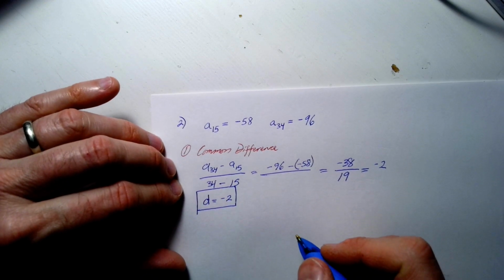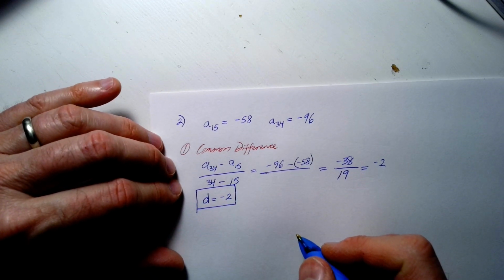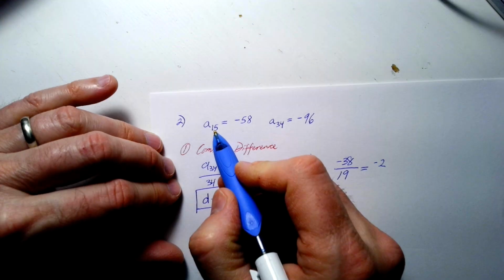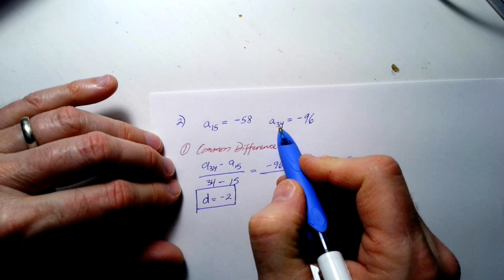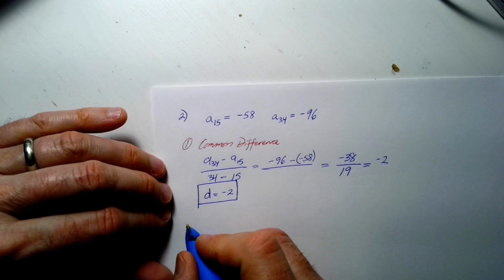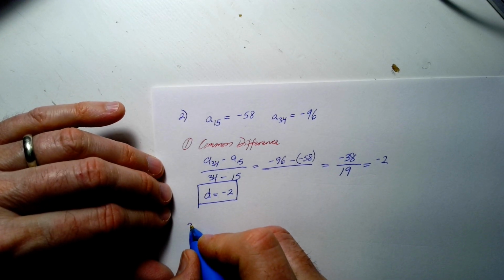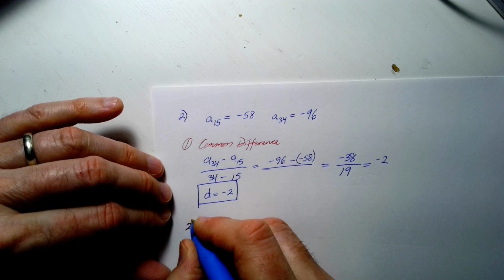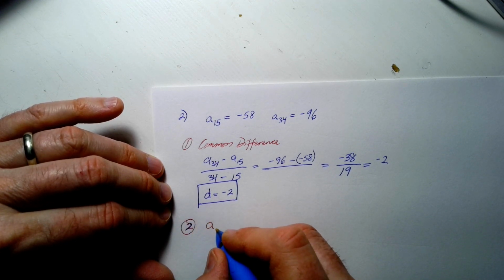We're almost there. The next thing we want to do is find the first value of the sequence. This is the 15th value, this is the 34th value, and the first value would be A1. So step 2 is to find A1.